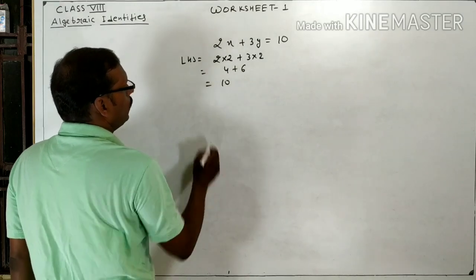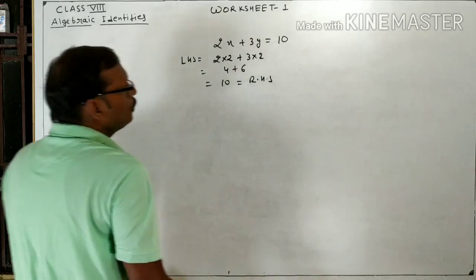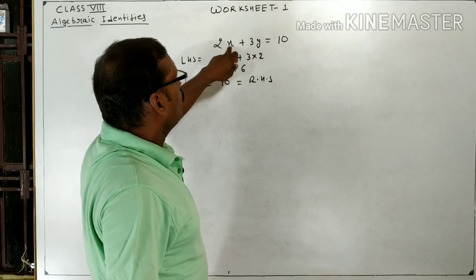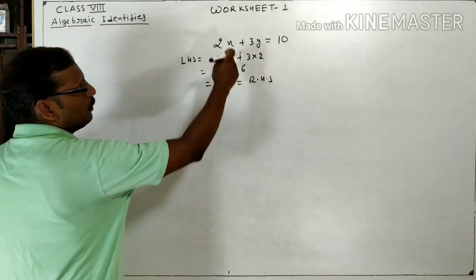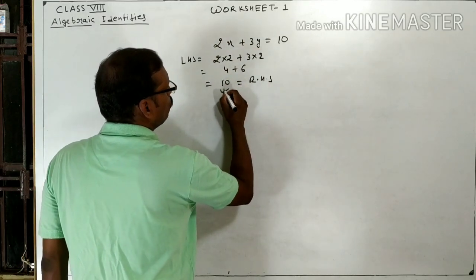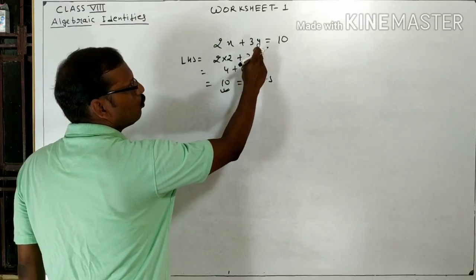So it comes 10, equal to RHS. But it is not always true for any value of x and y. If we put another value of x and y, we don't get RHS equal to 10. So it is only true for x equal to 2 and y equal to 2.